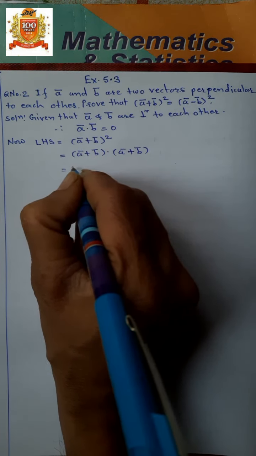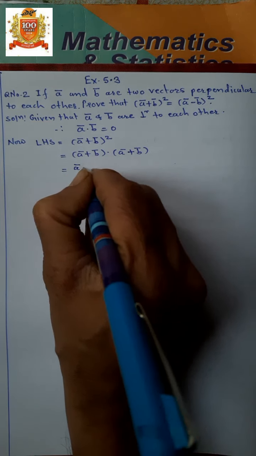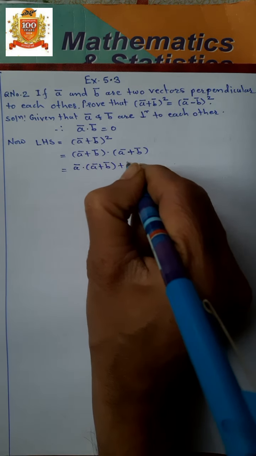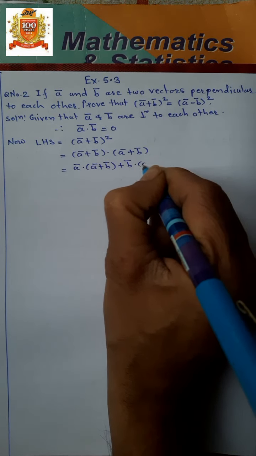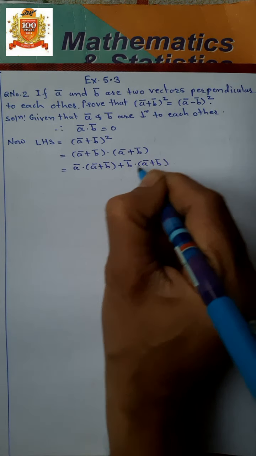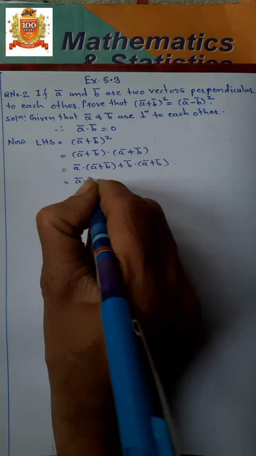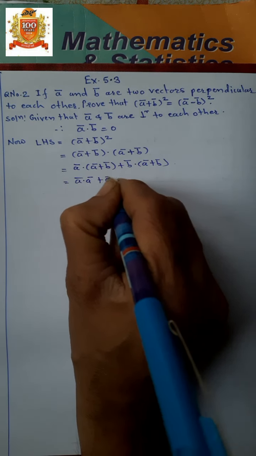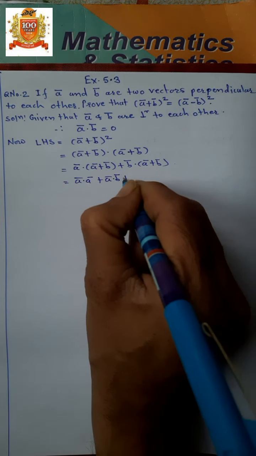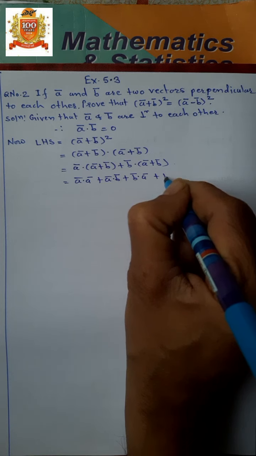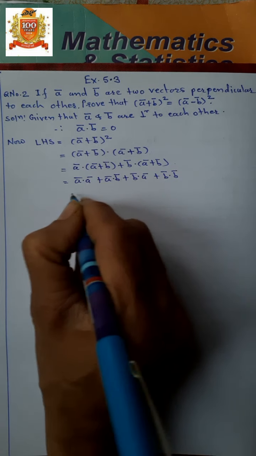That is equal to a bar dot (a bar plus b bar) plus b bar dot (a bar plus b bar), which is equal to a bar dot a bar plus a bar dot b bar plus b bar dot a bar plus b bar dot b bar.